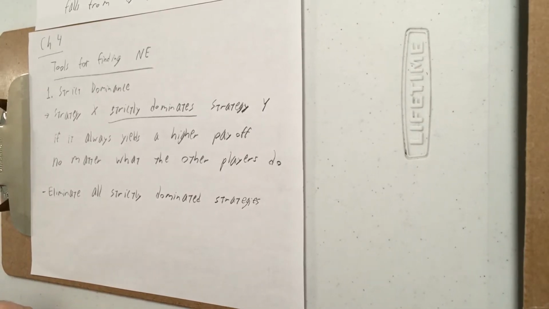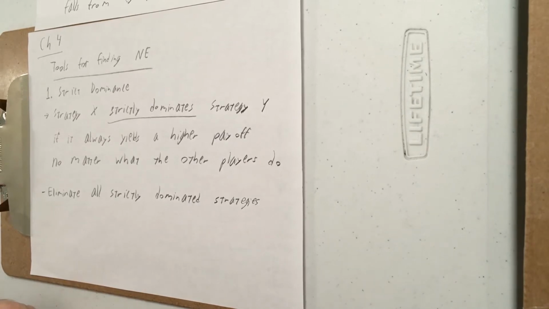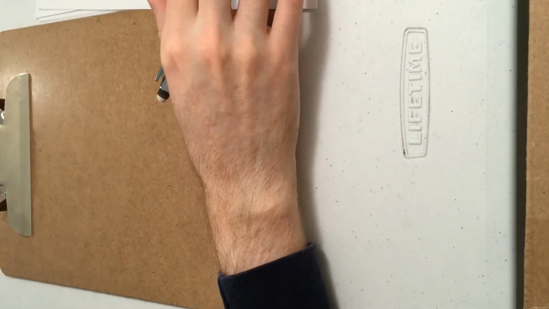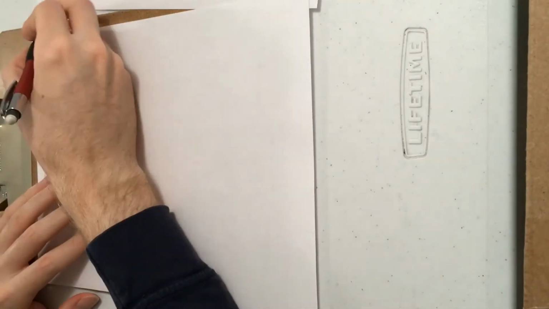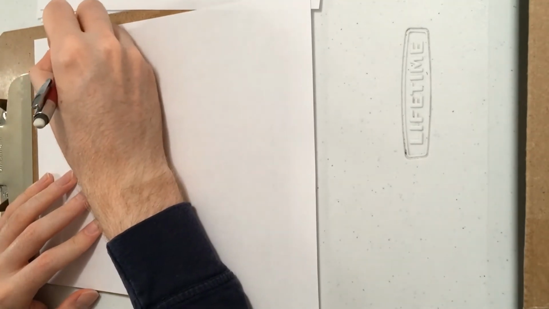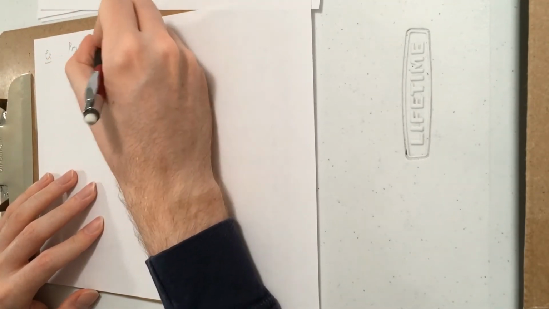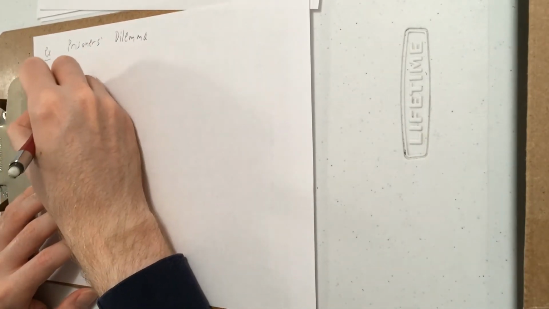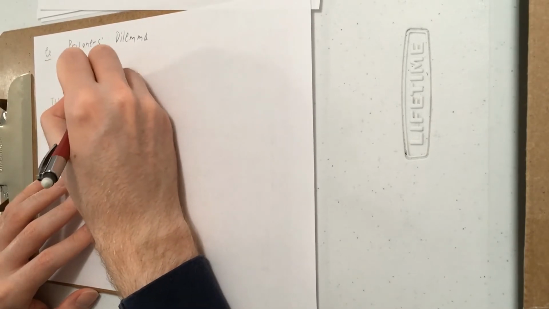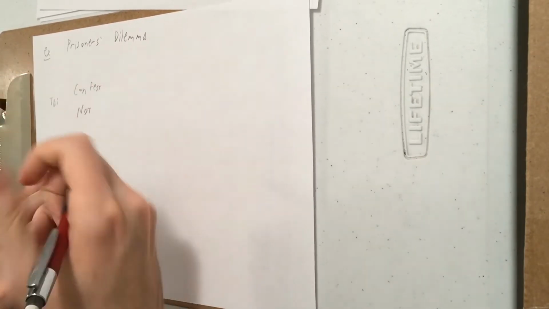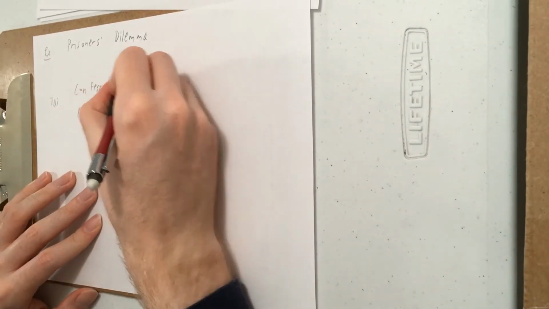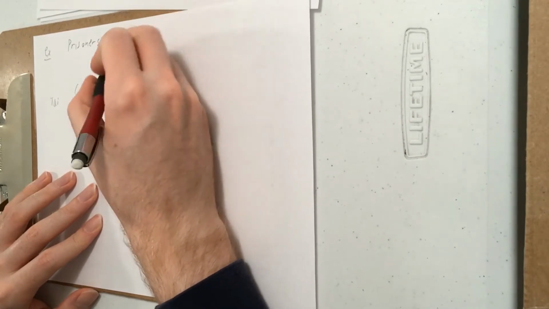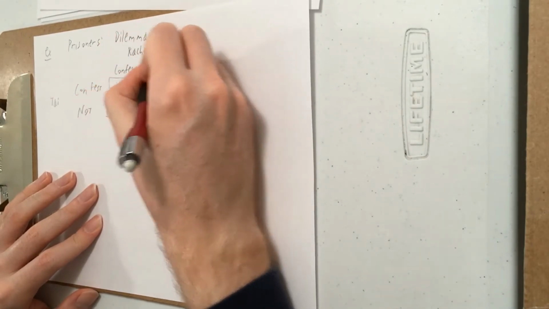Let's see how it works with the prisoner's dilemma. So we had Ty and we had Rachel. And they could either confess or not confess.